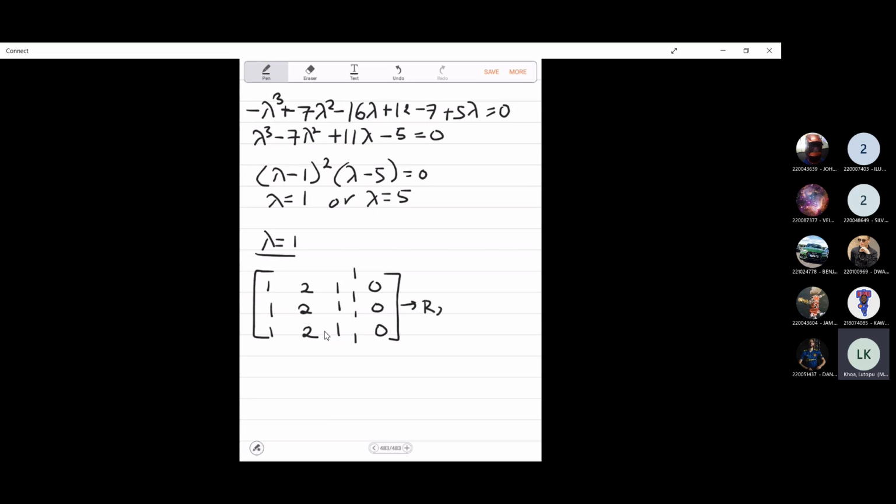So this is R2 minus R1. This is R3 minus R1. And then this gives us 1, 2, 1, 0. Then the others are just 0, 0, 0, 0, 0, 0, 0, 0.